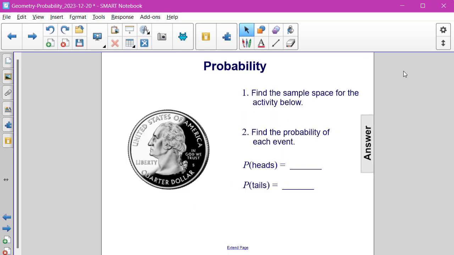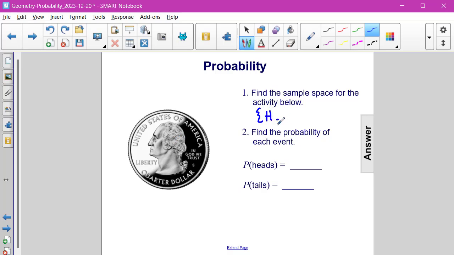Here's another probability example. We have a quarter coin, and we are finding the sample space for the activity that is given if we flip this quarter. Well, the total potential outcomes, it could land heads up or it could land tails up.